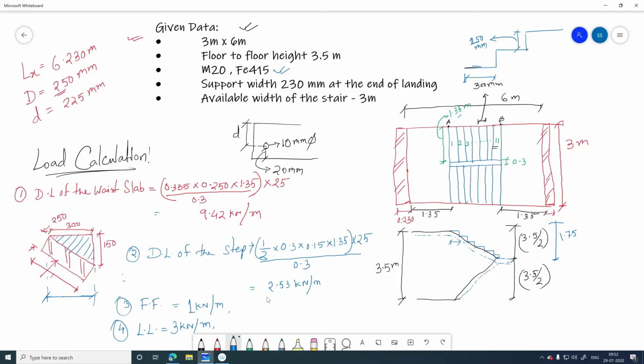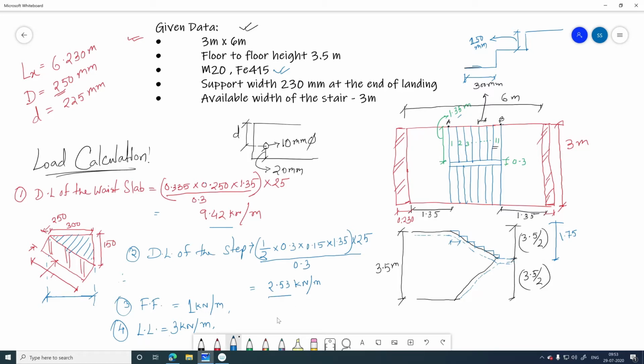Okay, and look, for the waste slab we have determined the dead load, the dead load for the steps we have determined, the floor finish as well as the live load we have determined.